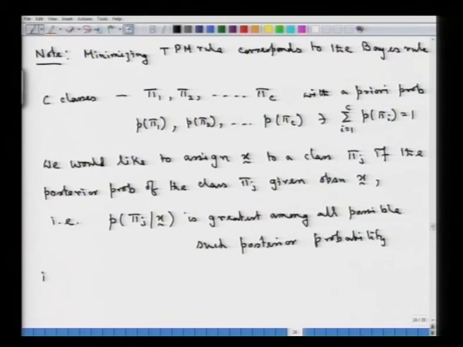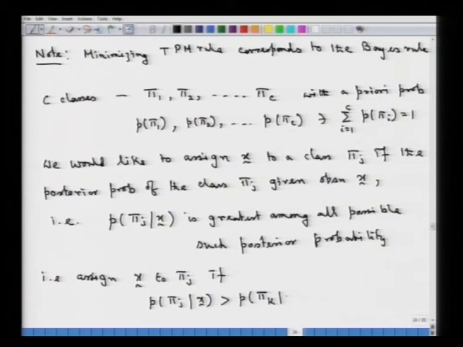That is, assign x to pi j if the posterior probability for the jth class is greater than the posterior probability for the remaining C minus 1 classes, so that k is from 1 up to C, however k is not equal to j.